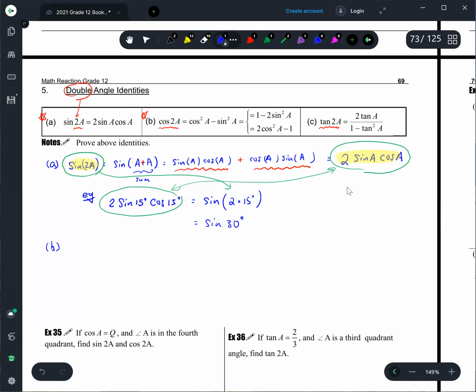For the second identity, we have cosine 2A. Same thing: we're going to use the cosine sum formula to show it. So we have cosine 2A, and 2A is the same as cosine of what plus what, Angela?